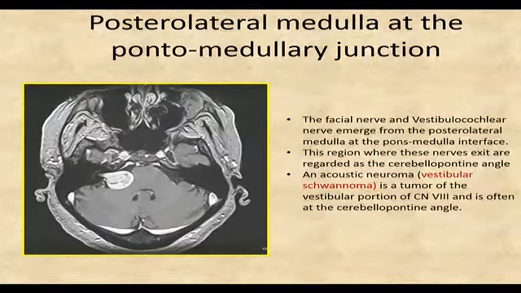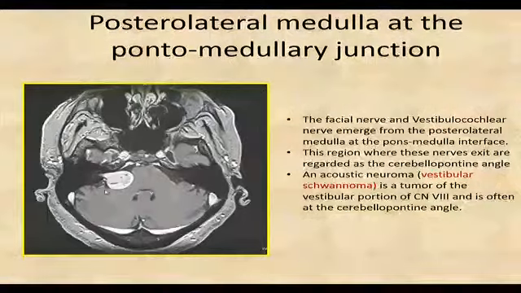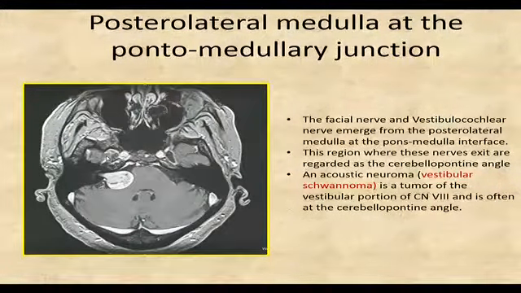And so it's a tumor of the vestibular portion of cranial nerve 8, and it usually shows up at the cerebellopontine angle. But in the area that this tumor is located, it can cause problems with the medulla oblongata. And so it's a clinical correlation that's brought up in one of the texts that I read.